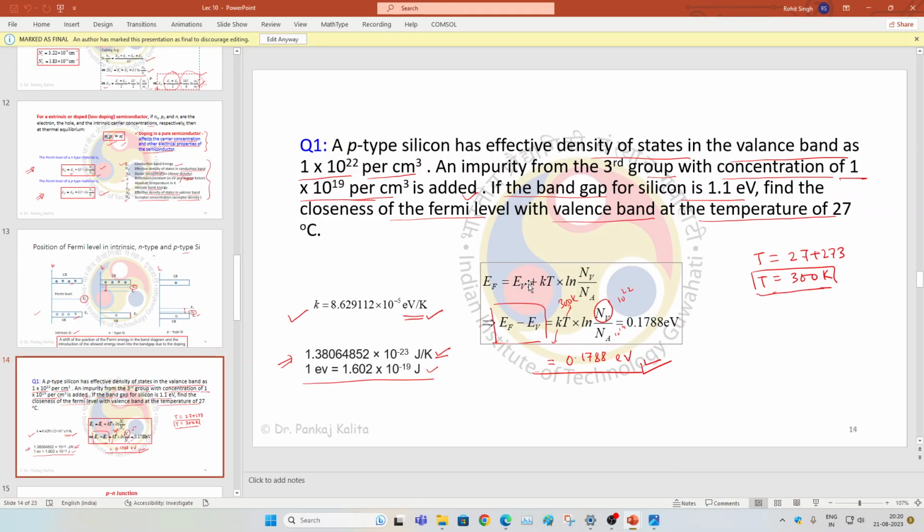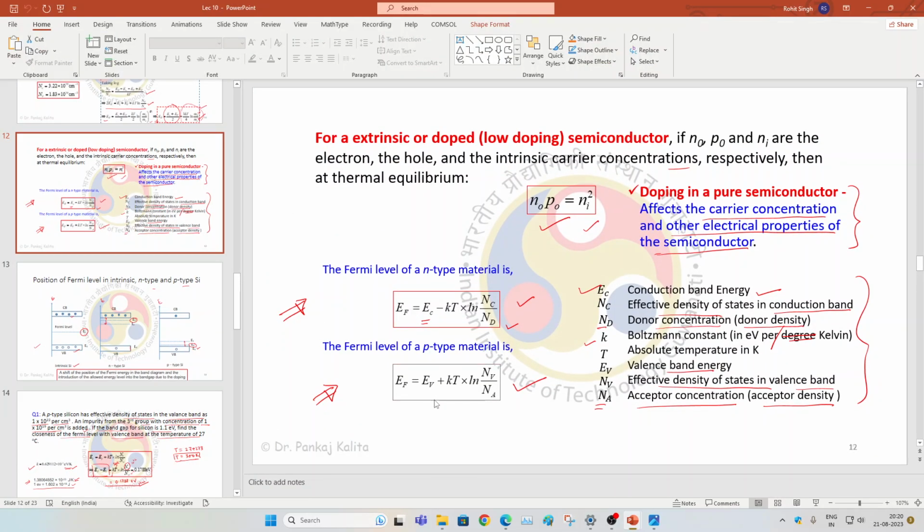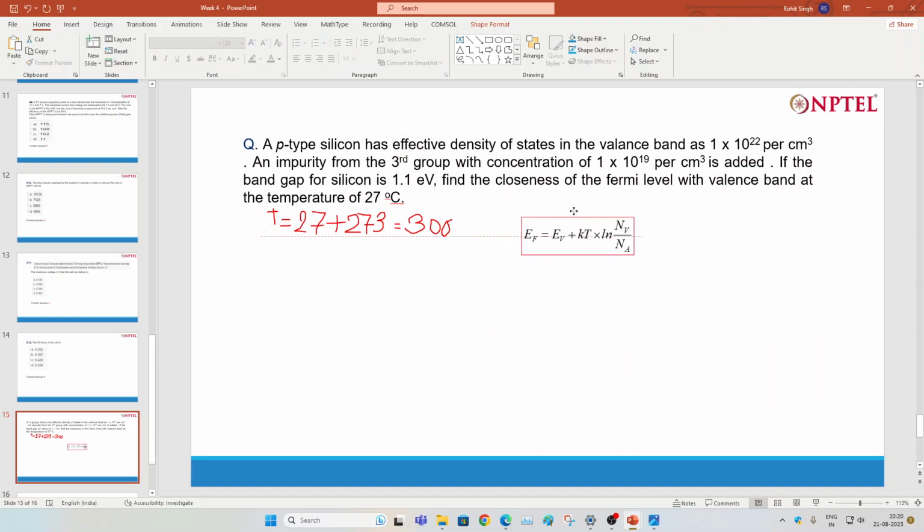What was the formula here? So let's copy it from here. It was for p-type semiconductors, so this formula will be applicable here. It was p-type silicon, so this formula is applicable.